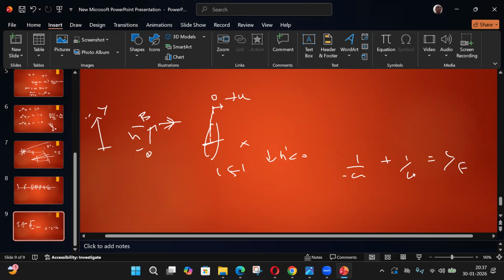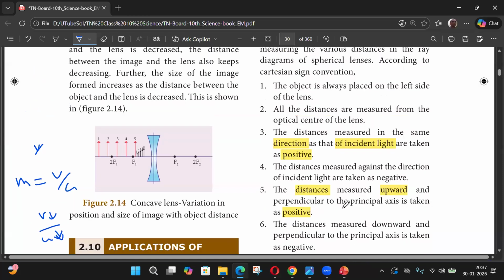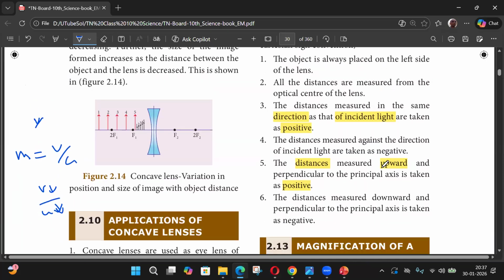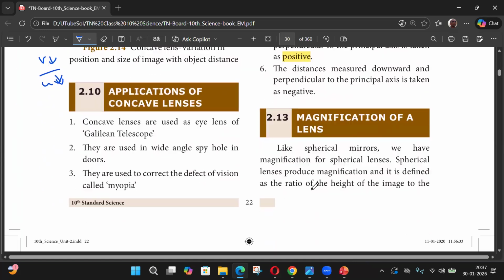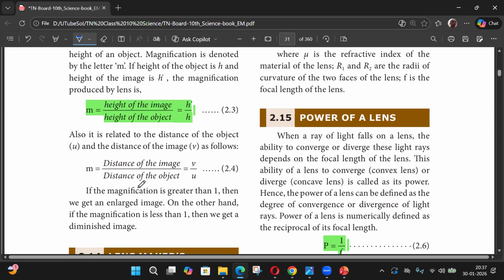The sign convention for both x-axis and y-axis: distance measured upward is positive. Magnification is obviously the image size by object size, h prime by h. And it's v by u.